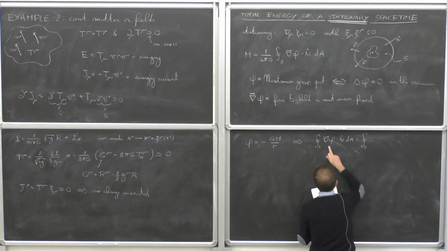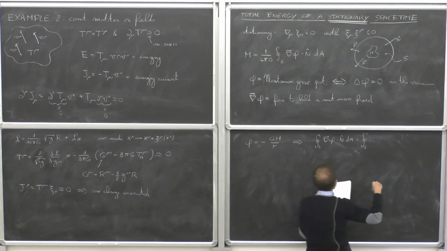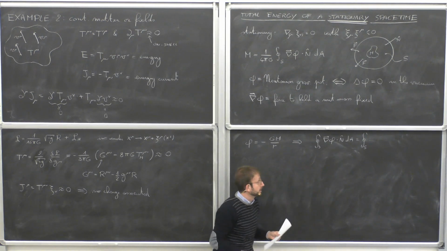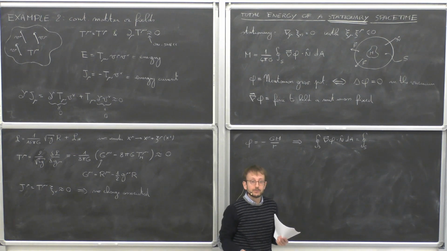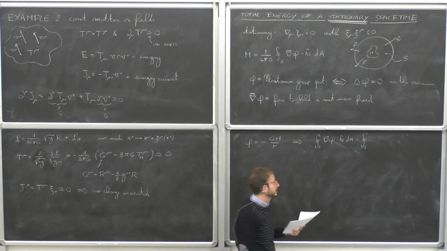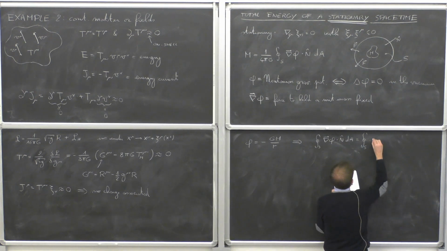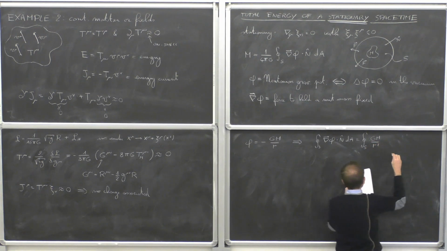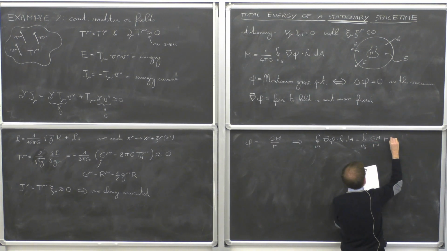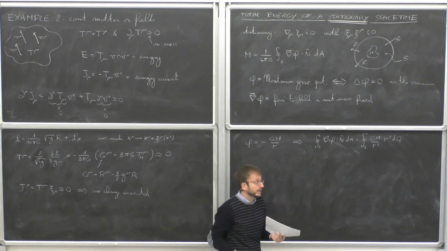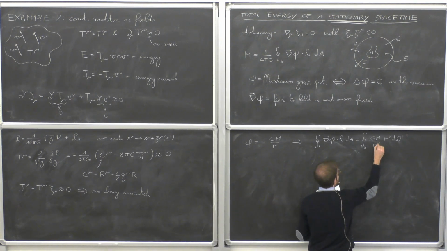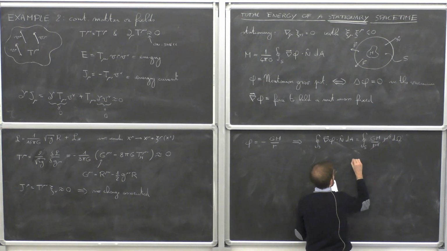In this particular case, the gradient of this object is just in the radial direction. Suppose that I take a sphere with a certain radius. Since this is along the radial direction, I can just compute the gradient and then integrate over a sphere. The volume element of integration over a sphere contains an r squared, and the r squared drops out.